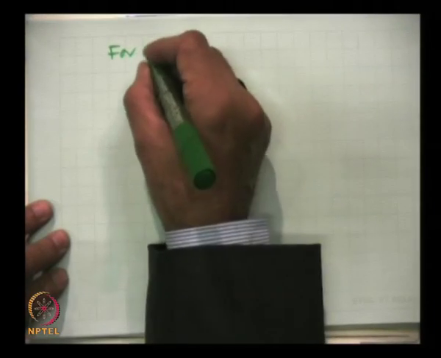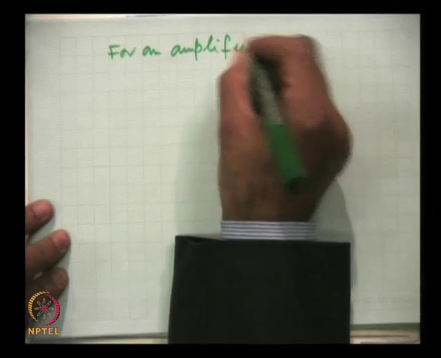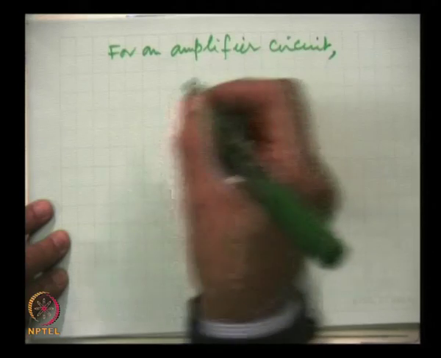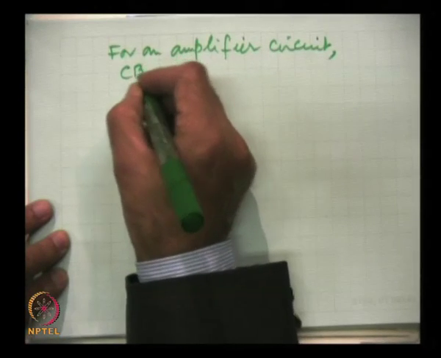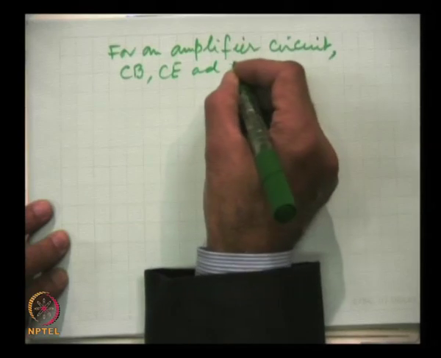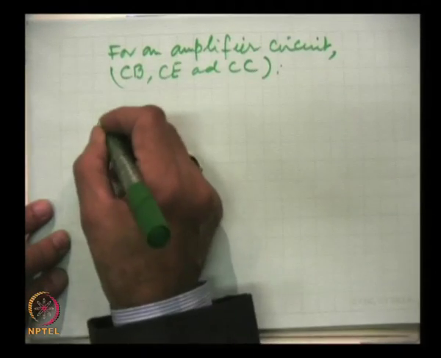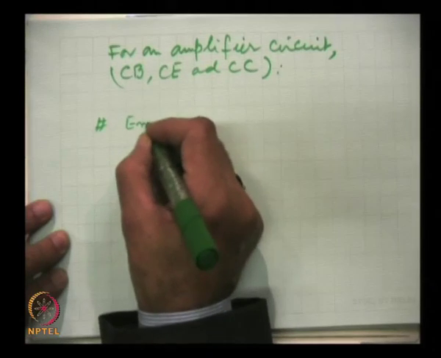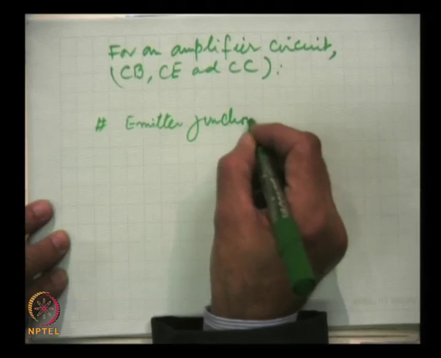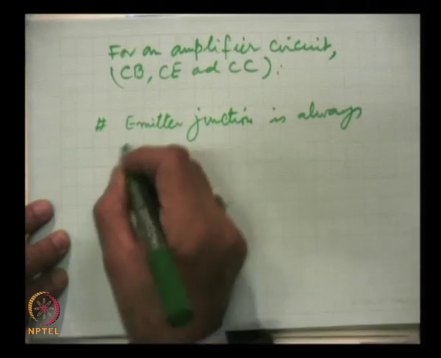For an amplifier circuit, in any of the configurations, common base, common emitter or common collector, whatever is the circuit, emitter junction is always forward biased.